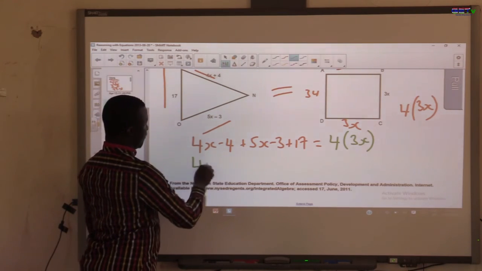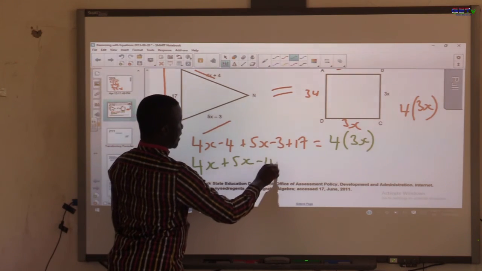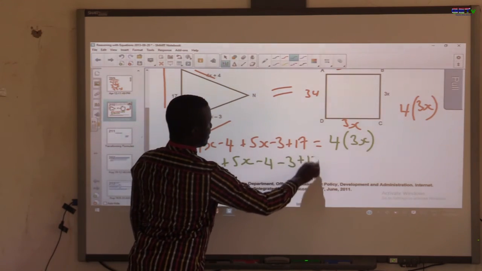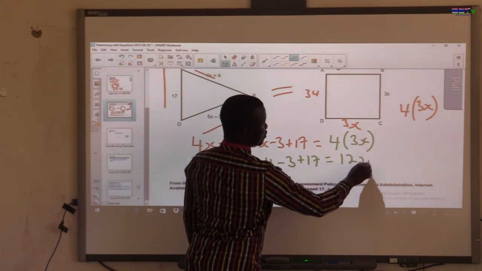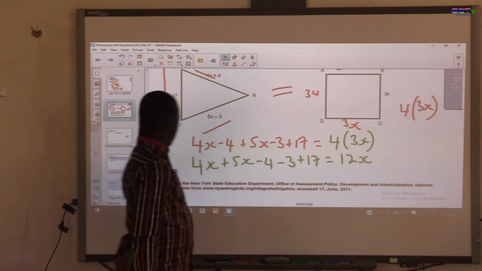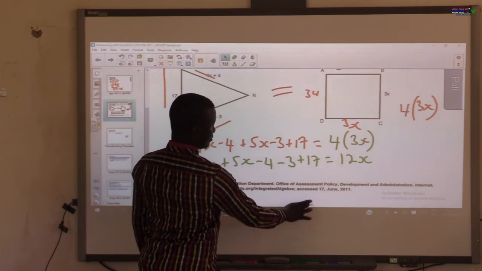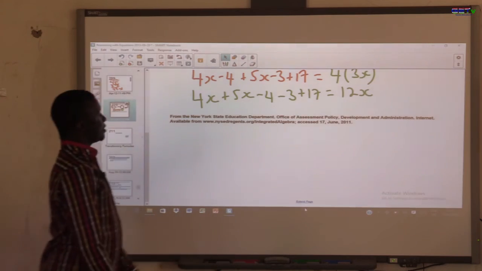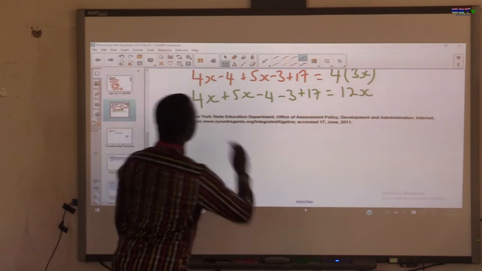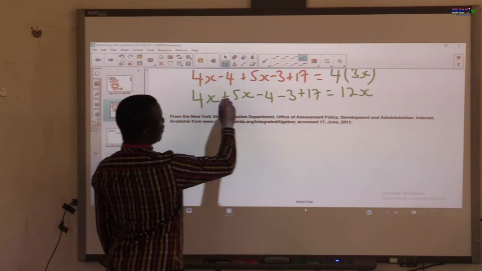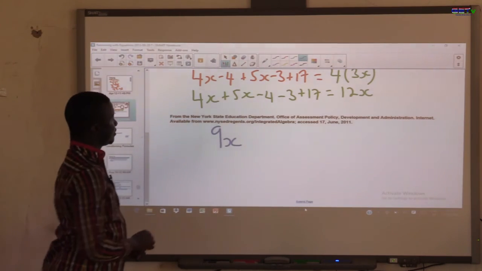So we can further say 4x plus 5x minus 4 minus 3 plus 17 is equal to 4 times 3x, which is 12x. We've extended our page here for us to further simplify. 4x plus 5x is 9x.